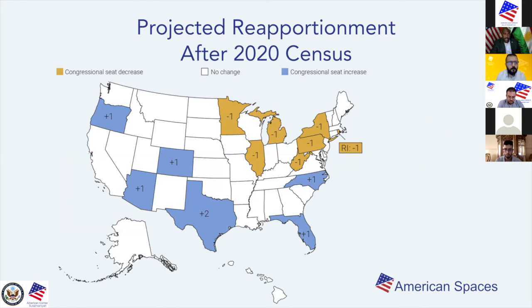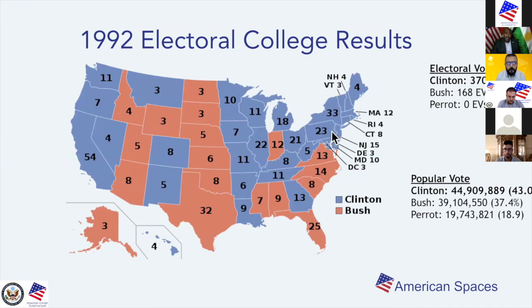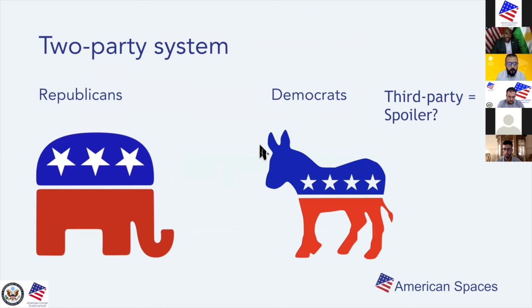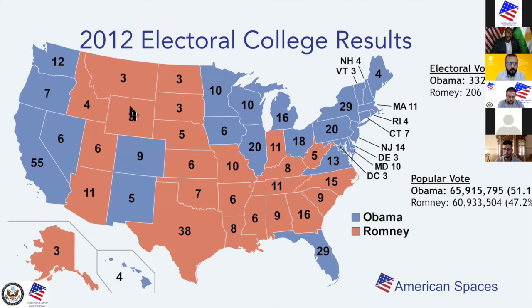So we're going to go back here. It's interesting because let's see what's a good example. Okay, yeah. So 2012, you see that there are a lot more of these red states, so states that typically vote for the Republican candidate as opposed to blue states that vote for Democrats.